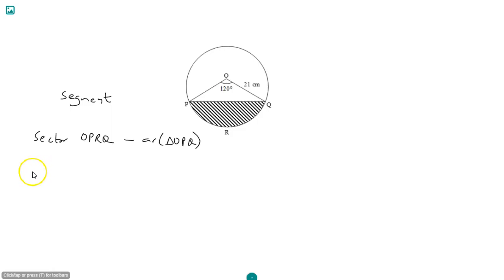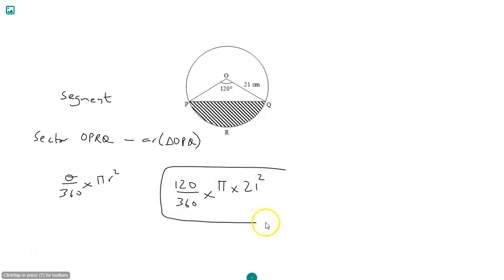To find the area of the sector, we use the formula theta by 360 into pi r squared. So in this case it's going to be 120 by 360 into pi into 21 squared, because the radius is 21 centimeters. So this expression will give you the area of the sector.